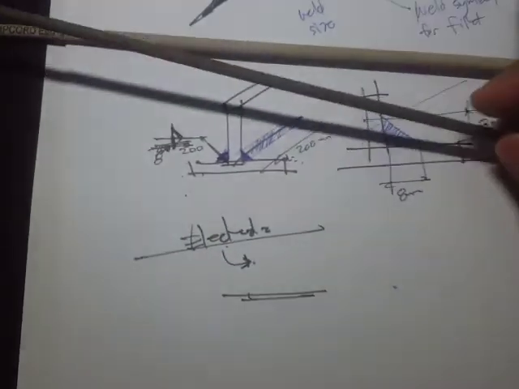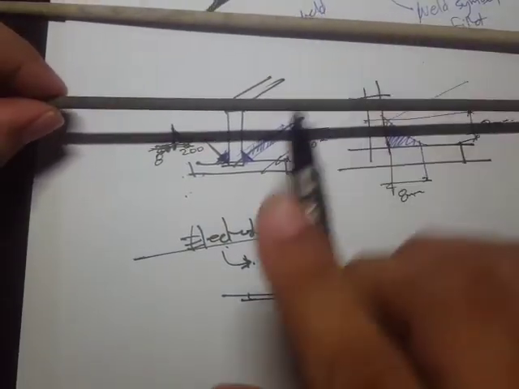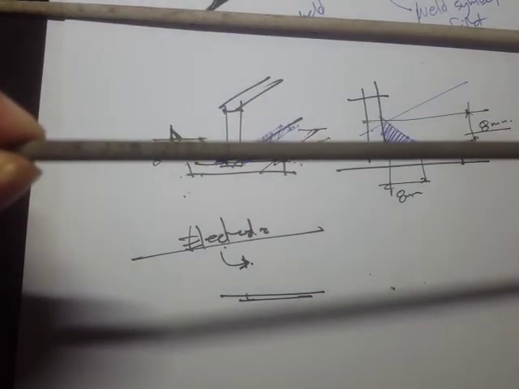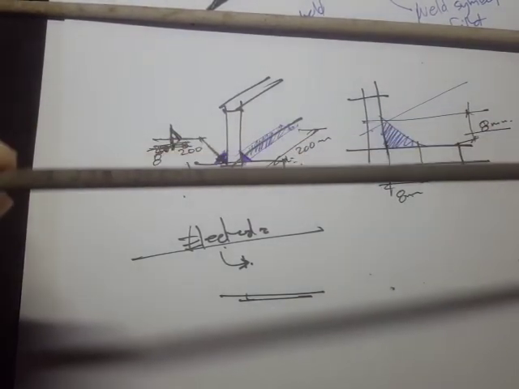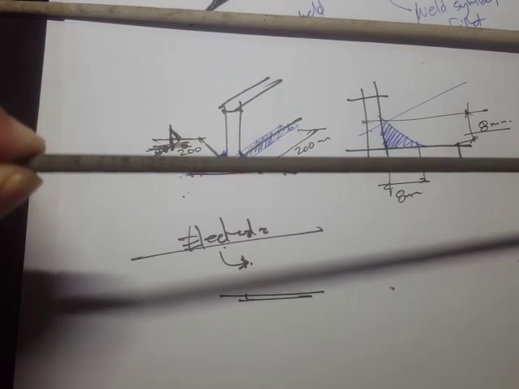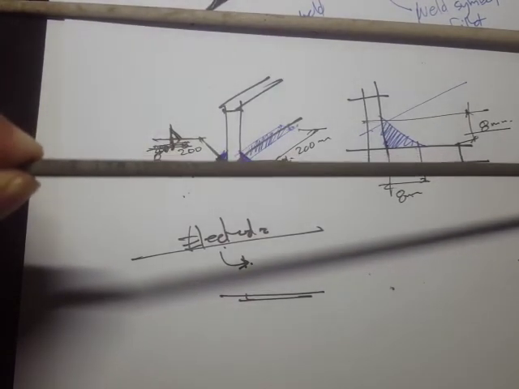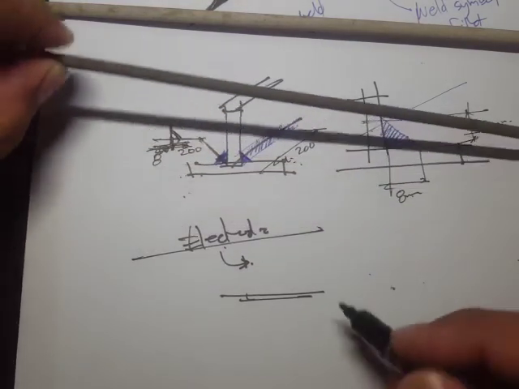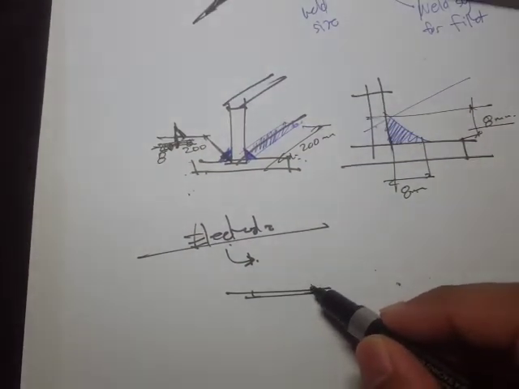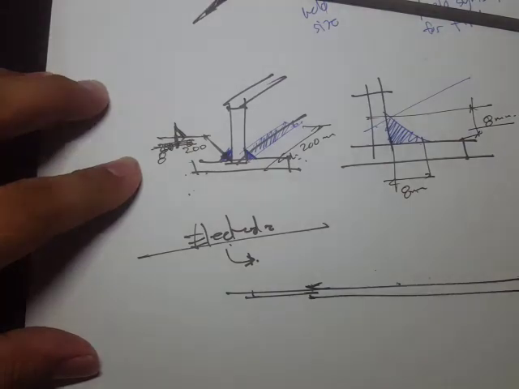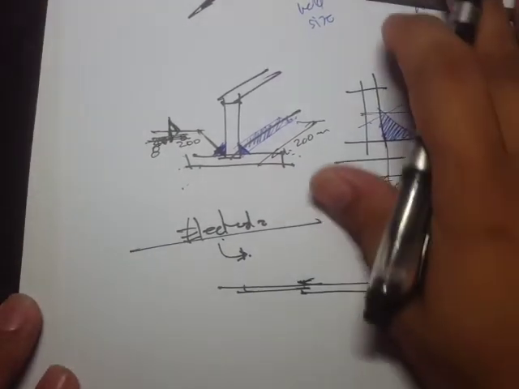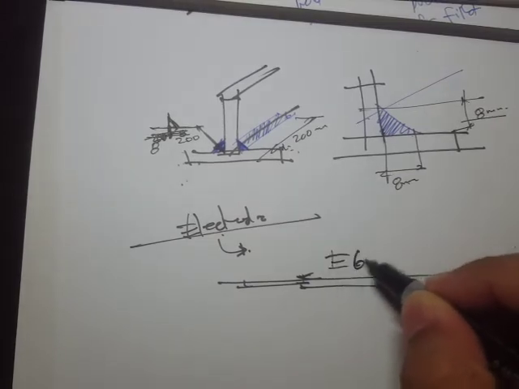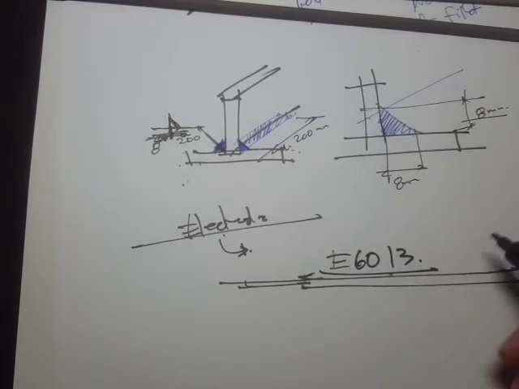Another example is this one, and it has E6013 as well. Okay, so let's discuss this notation. So for example, we have E6013. Then what does it mean?